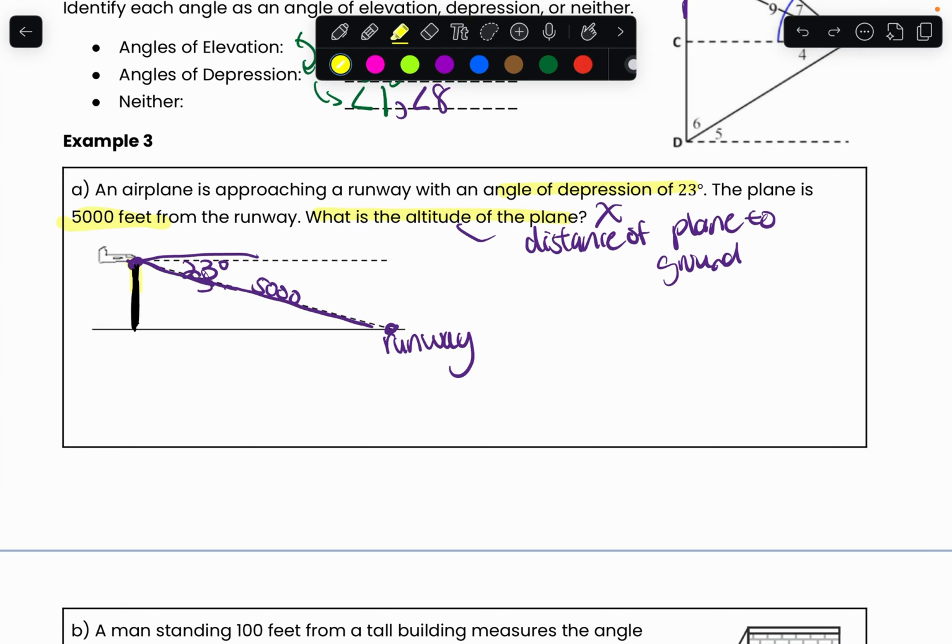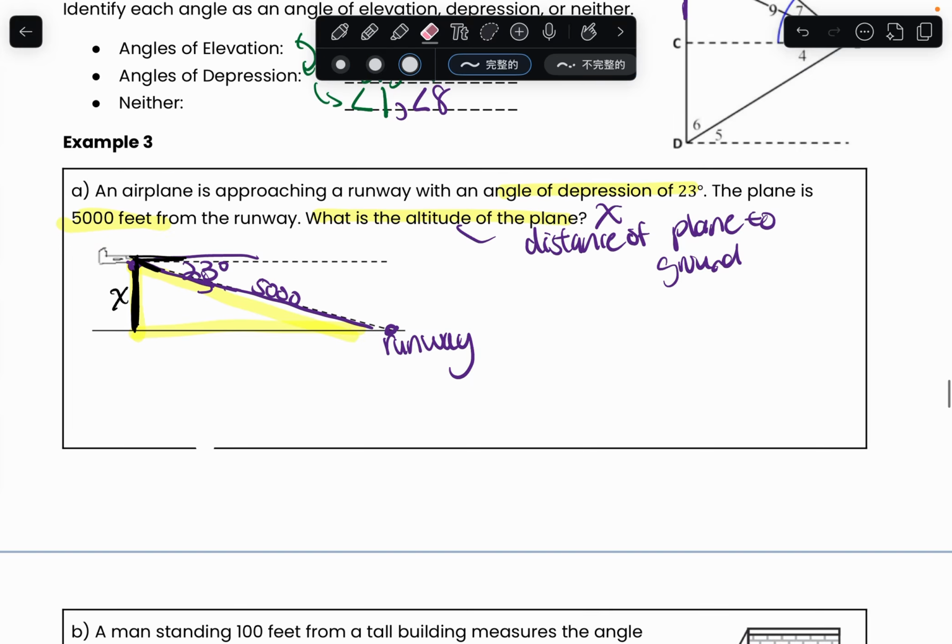So method 1 is that you're going to take this triangle right here, and you're going to use this triangle to solve for my missing height. Now, if you're doing it this way, first of all, I know that this right here is what I'm trying to find. So this is the X. But I also need other information, like the angle, because I need a reference angle, which I can know very easily, because this part right here and this part right here form a 90-degree angle, because one is a straight vertical line up and down, the other one is a straight horizontal line.